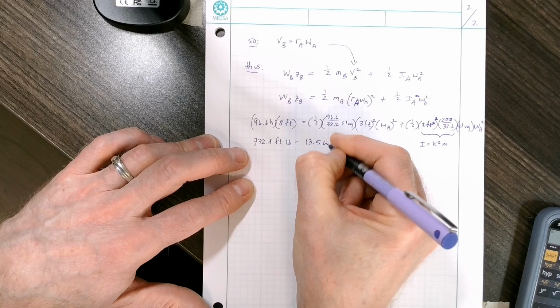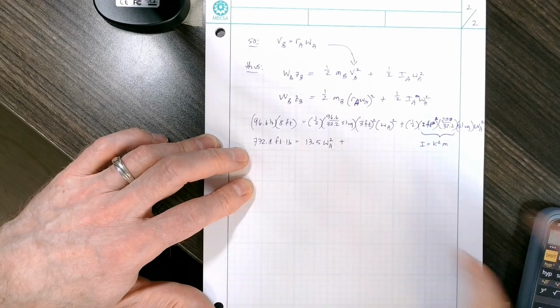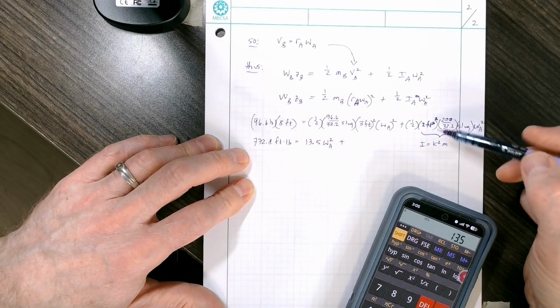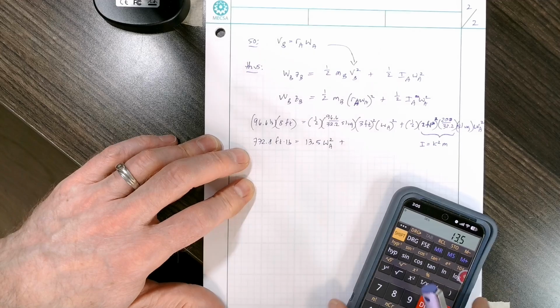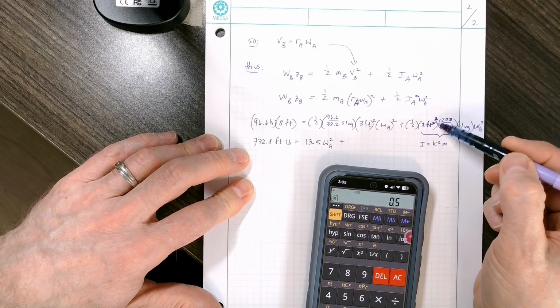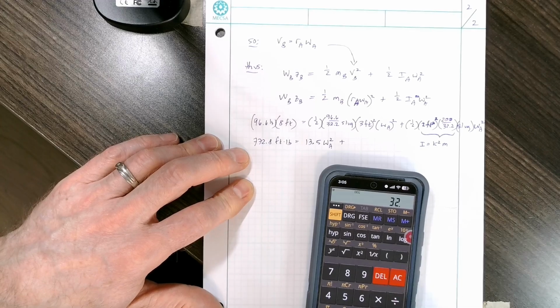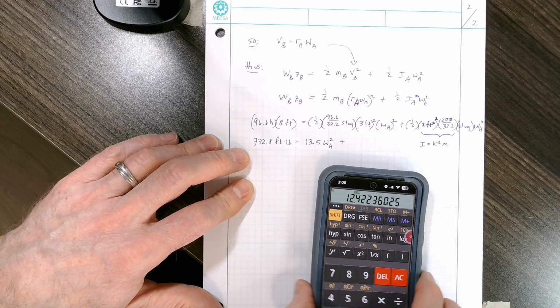And then the rotational kinetic energy: 0.5 times 2 squared, k squared, that's 4, times 200 divided by 32.2. So it's 12.42 omega A squared.